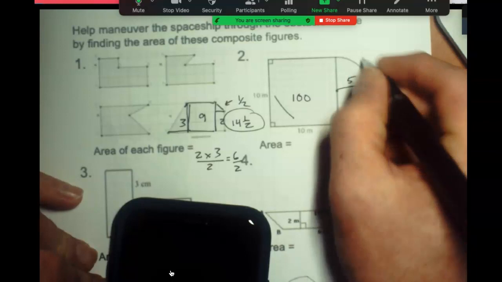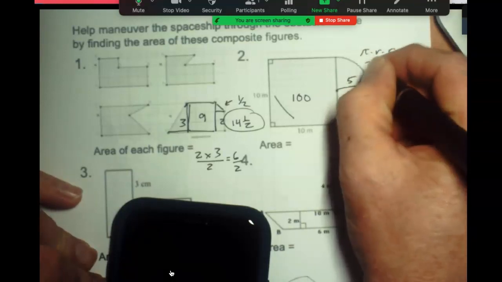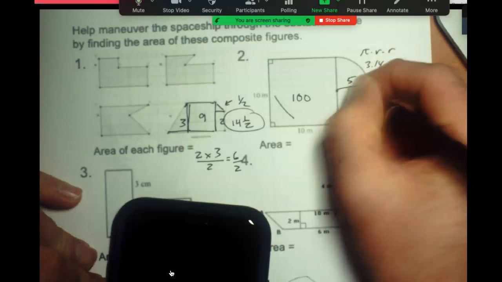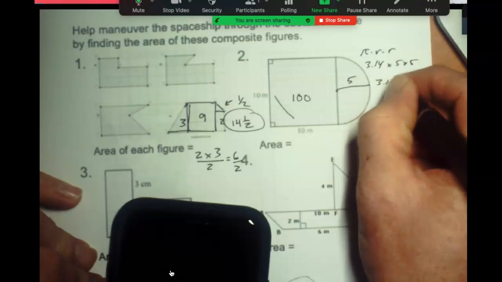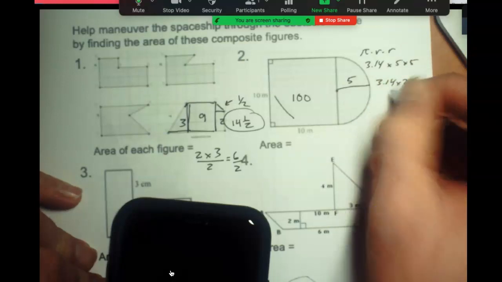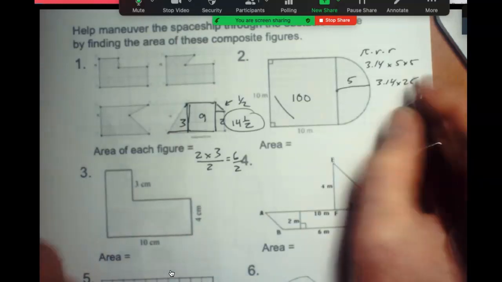So what I'm going to do is I'm going to go pi r r on this. I'm going to go pi times r, so 3.14 times 5 times 5 is really the same as 3.14 times 25. Let me just pop that in the little calculator here. 3.14 times 25 is 78.5.